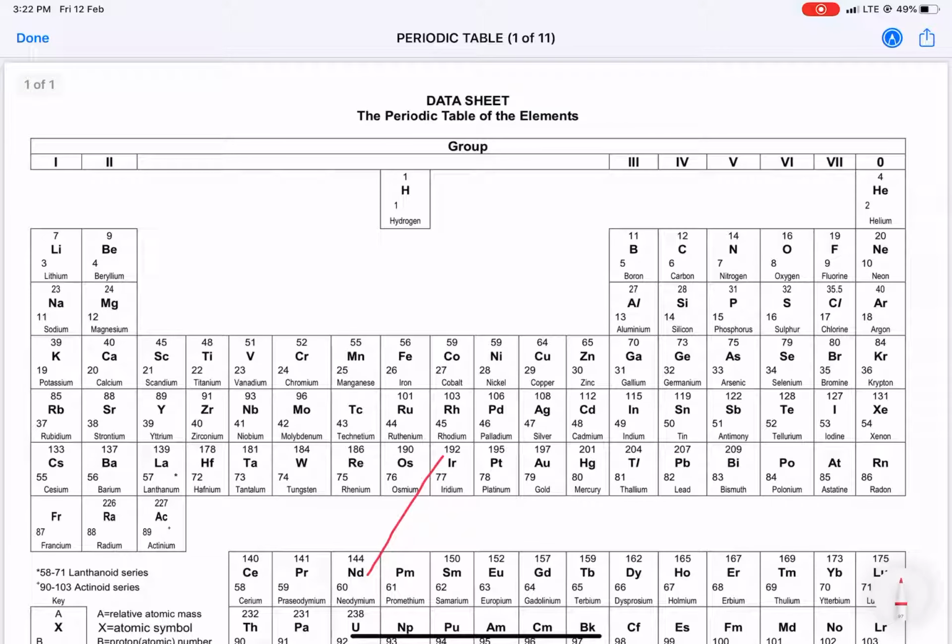I made mention that every atom is in the form X with A and B, where A is the mass number, or nucleon number, and X is the chemical symbol of the atom, and then the number down here is called the atomic number, but you can also call it the proton number.